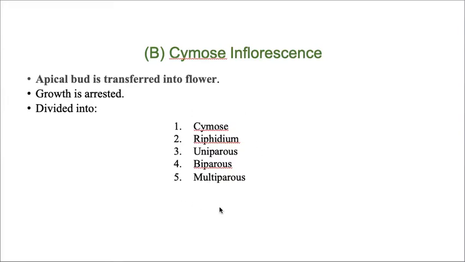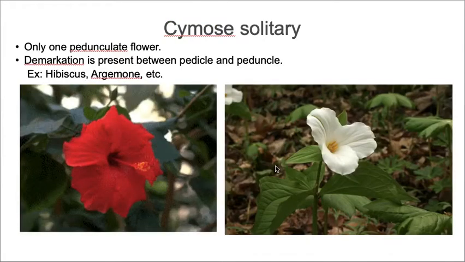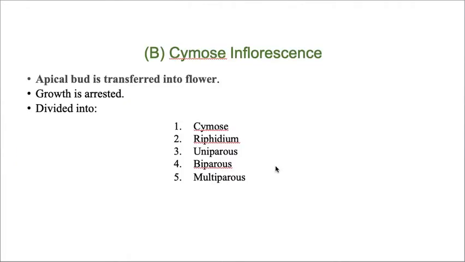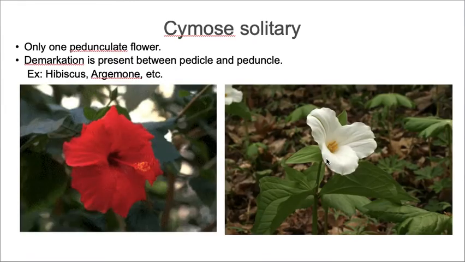Okay, so these are the various types of cymose inflorescence. Now let us take one after one. Let us take the first one, cymose solitary. I'm sorry students, here I forgot to mention, this is my mistake. So this is cymose solitary.